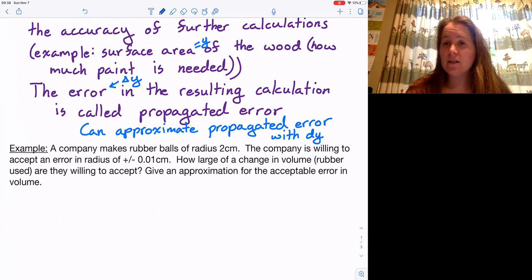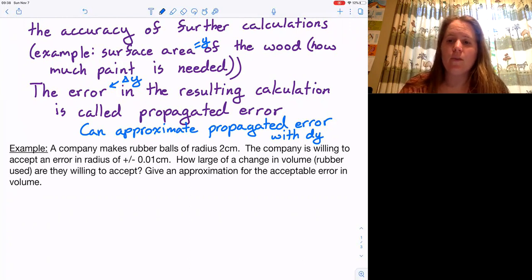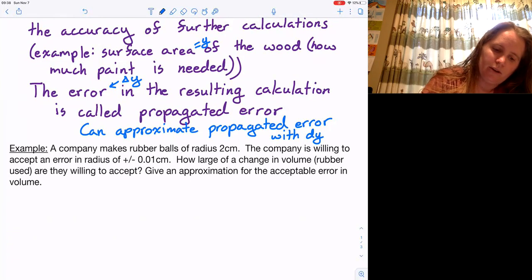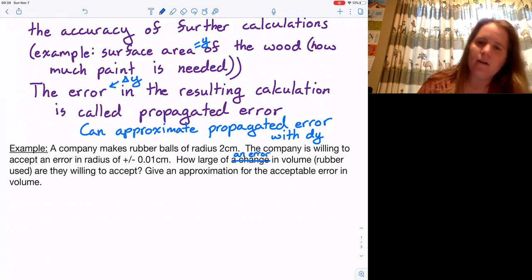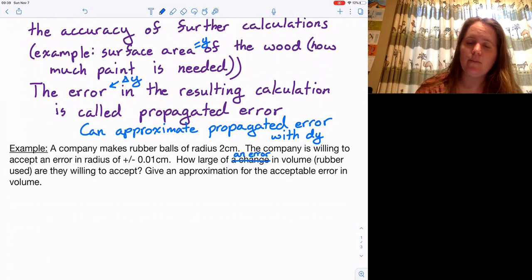And the company is willing to accept an error in radius of plus or minus 0.01 centimeters. We want to know how large of an error in volume, or the rubber used, they are willing to accept. So we're supposed to give an approximation for the acceptable error in volume.